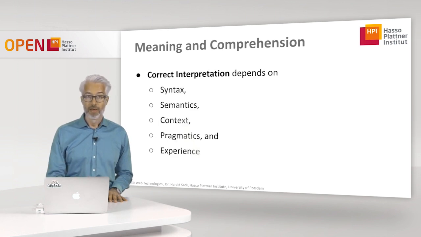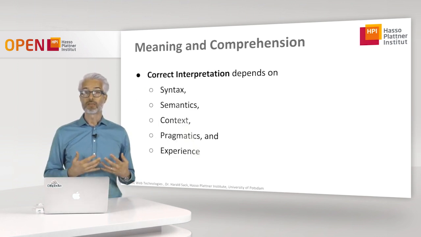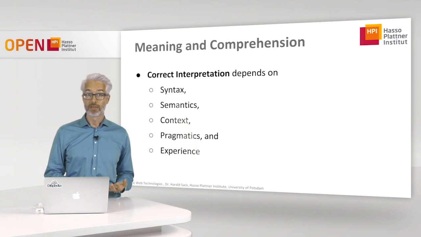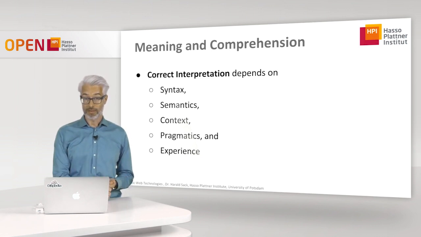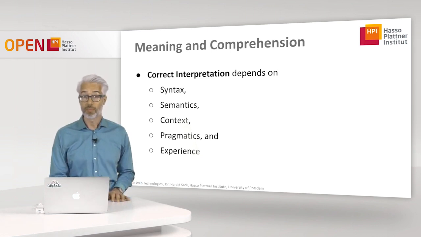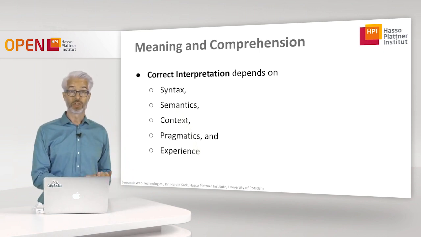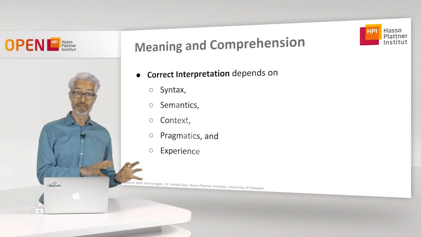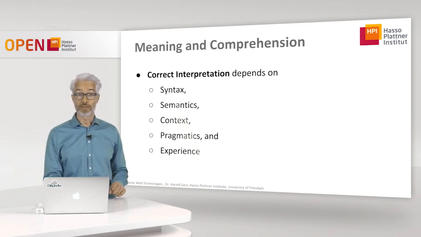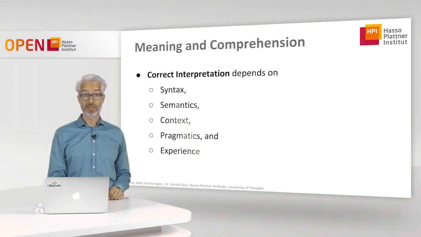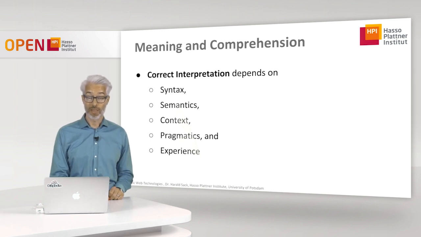Usually this correct interpretation depends on the so-called syntax, as the most basic building block of information languages, then on the semantics, which defines how these symbols created in the syntax will be interpreted, and of course the context and the pragmatics, which determine the semantics.